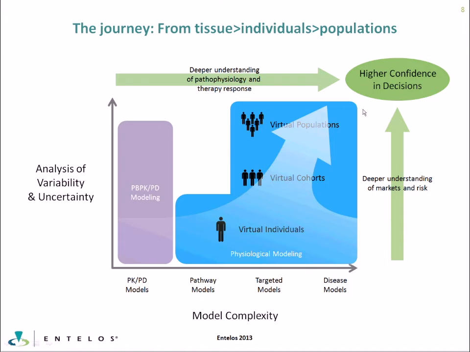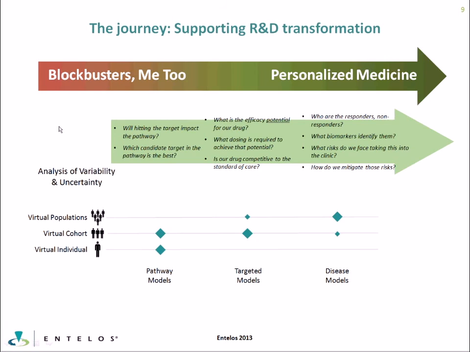Larger models enable us to investigate the impact of patient variability within a larger virtual population on clinical outcomes that are likely to be overlooked by smaller models or a single virtual patient. This slide summarizes the importance of cohort and population modeling, and the pathway models can be a valuable tool to support and understand the quantitative relationship of the target pathway and how the drug candidate interacts with the target and influences it.